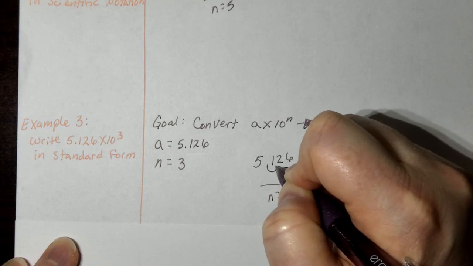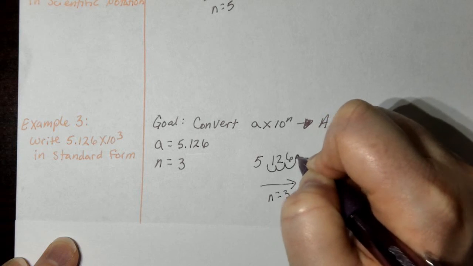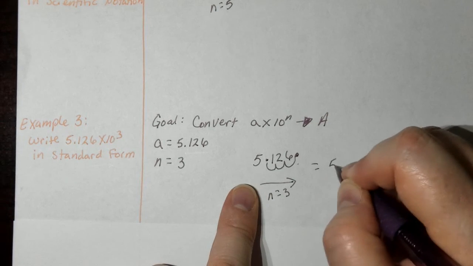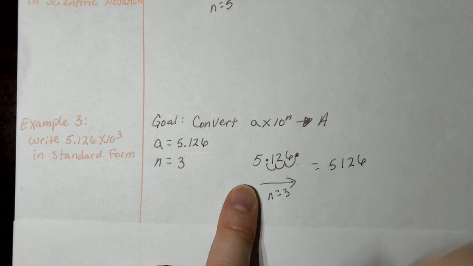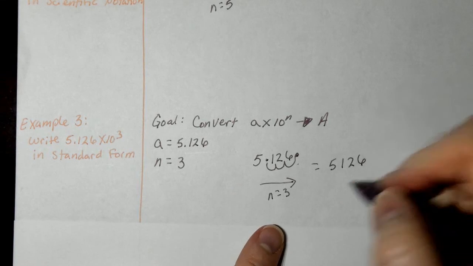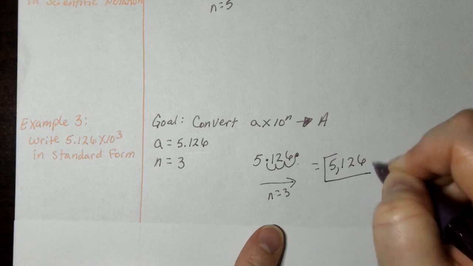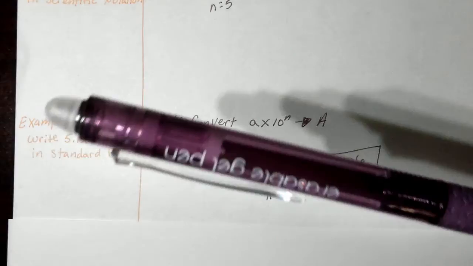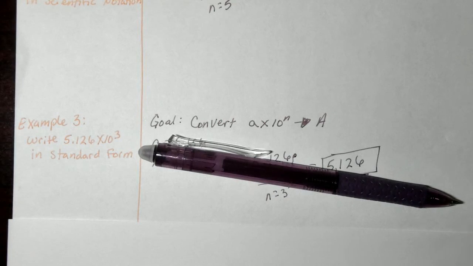So I'm going to go 1, 2, 3. So my new answer is 5126, and because we're still in 8th grade, we're going to put a comma in there, and we're going to call this a day. Boom! Done, finished, pen drop, the end.